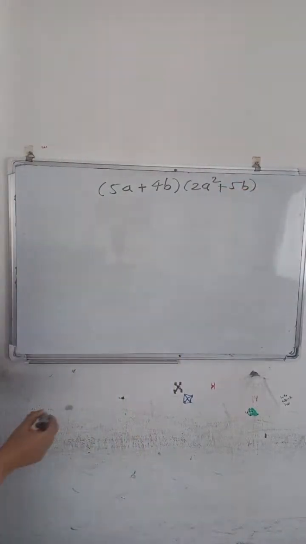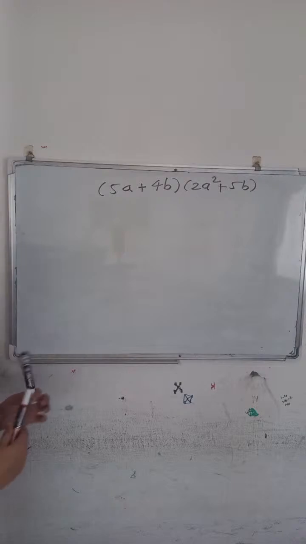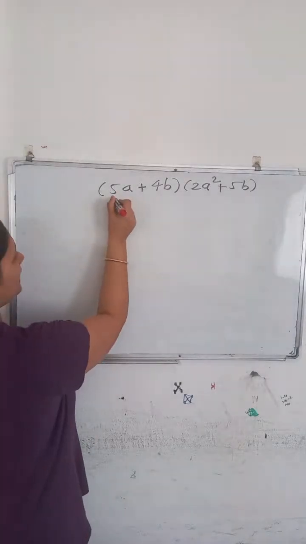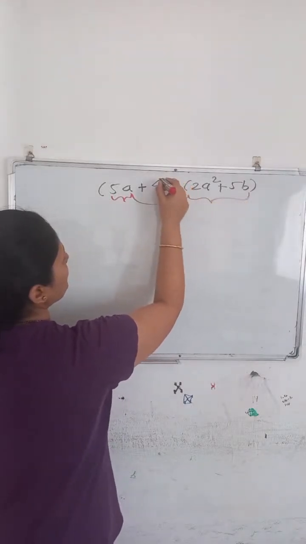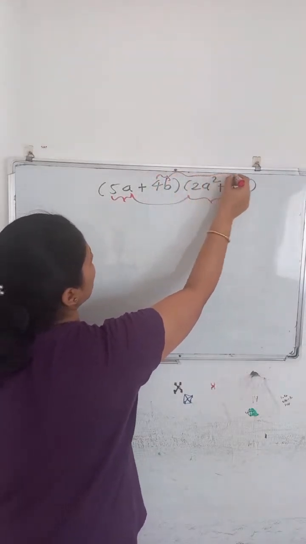Now you can multiply the entire 5A with this entire bracket, and 4B with the entire bracket.